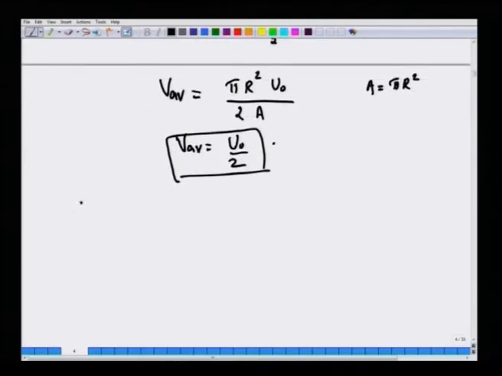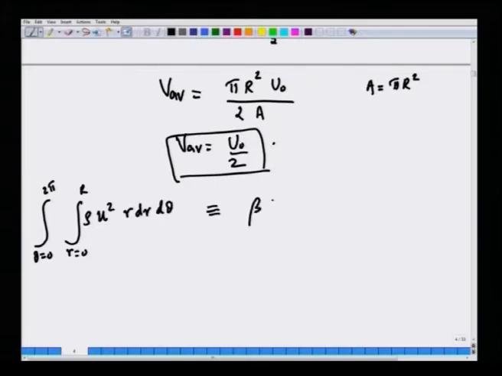Now we have to do another integral, where r is 0 to R and theta is 0 to 2 pi, of rho u squared r dr d theta. Remember, this is the definition of the momentum correction factor, and we want to find an expression for beta.